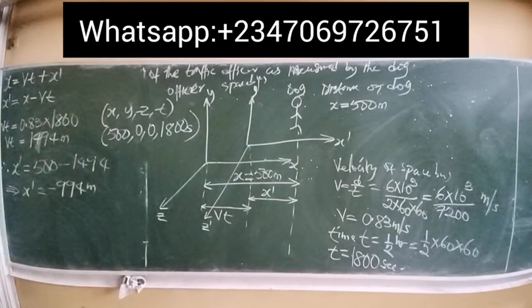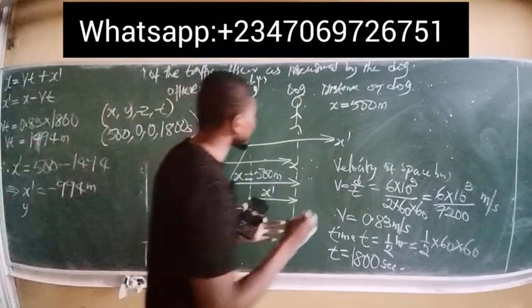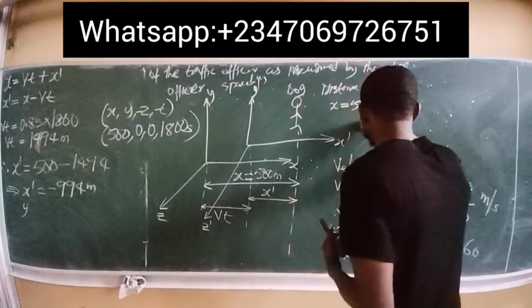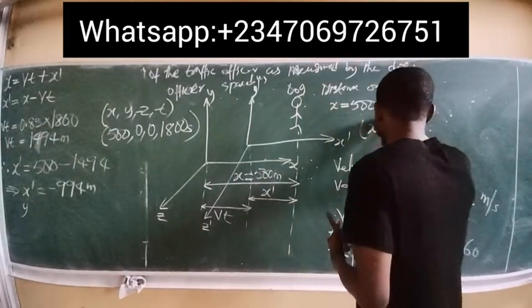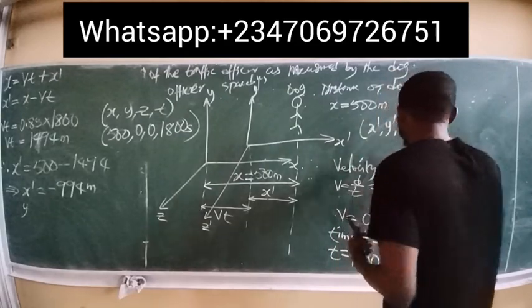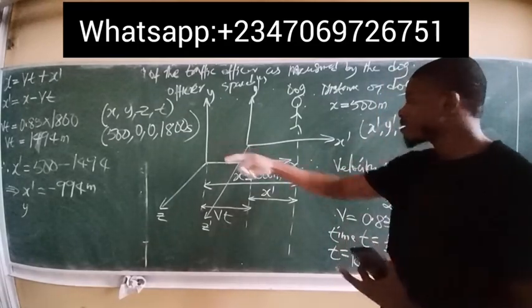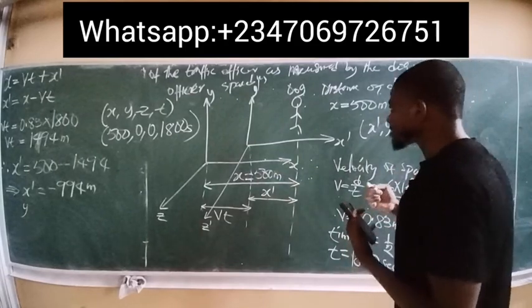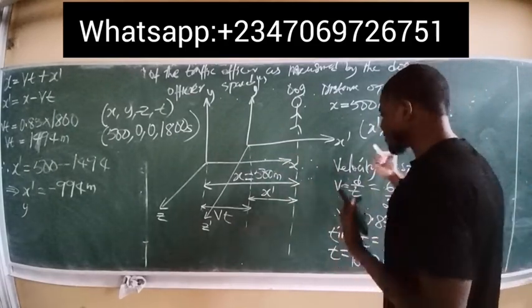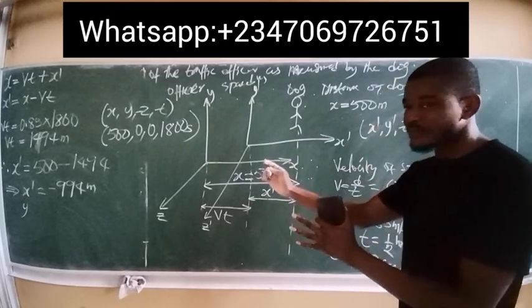Meanwhile, for the dog itself, the coordinate of the dog, I always say, is x prime, y prime, z prime, and t prime. x prime we've obtained. y prime is the same thing as y, since motion is not on the y-axis, so y prime remains the value of y in the first reference frame.